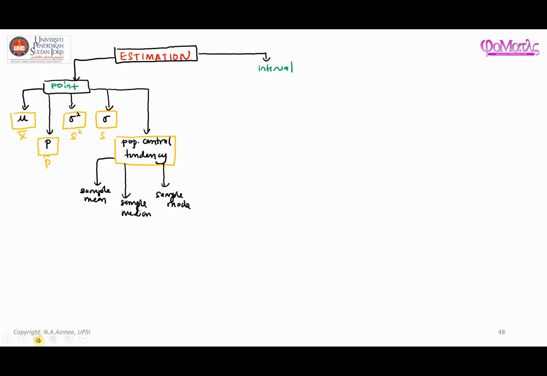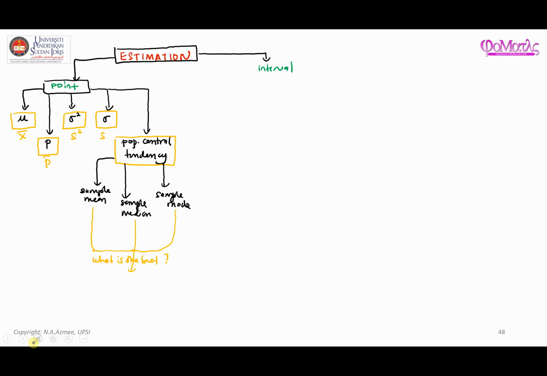And whenever you are presented with more than one point estimator, this will give rise to the problem of choosing the best point estimator.